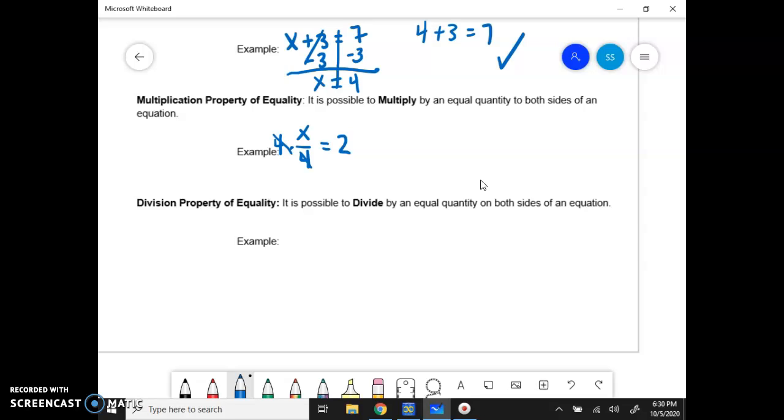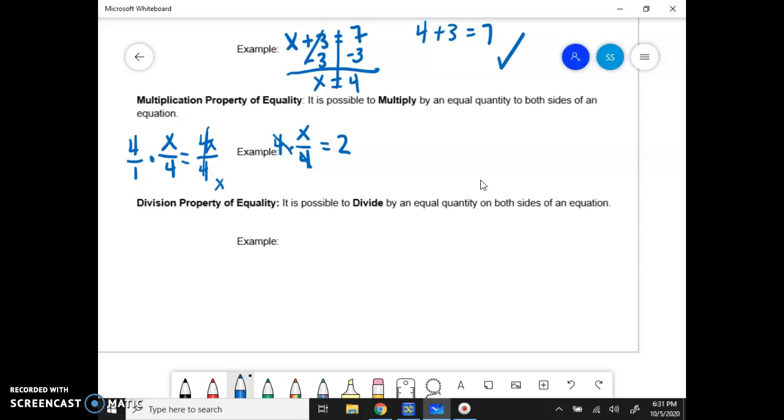If you're not sure on that, if we put this as a fraction, x over 4, and we multiply it by 4, the whole number 4 written as a fraction, we can write all whole numbers over 1. If I were to multiply this out, rather than just cross-canceling like I did up here, this is 4x, right? 4 times x is 4x, and 1 times 4 is 4. So now we have the 4 over 4, and anything over itself equals 1.